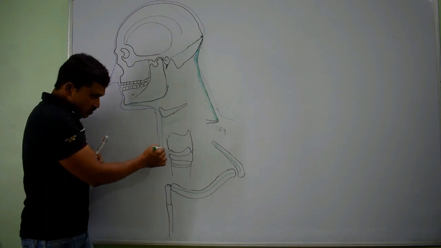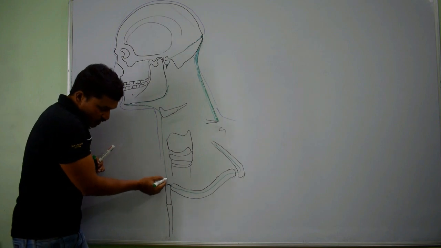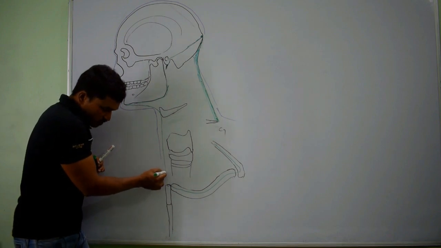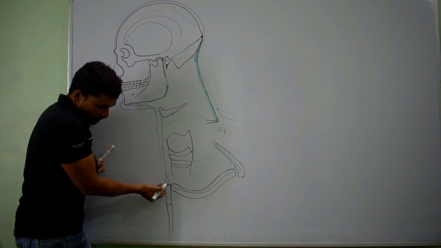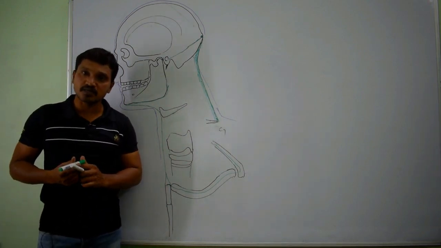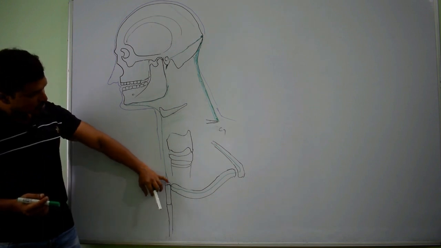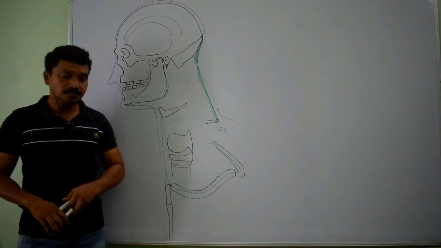When it reaches the upper part of the manubrium sterni, it will be divided into two layers, anterior layer and posterior layer, and it forms one space which is present above the suprasternal notch. This space we call the suprasternal space of Burns. What is the space? Suprasternal space of Burns. Is that clear?